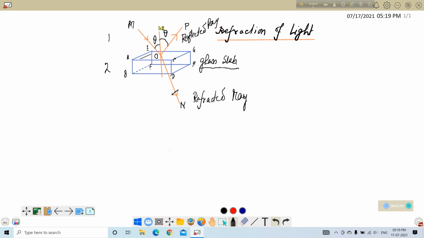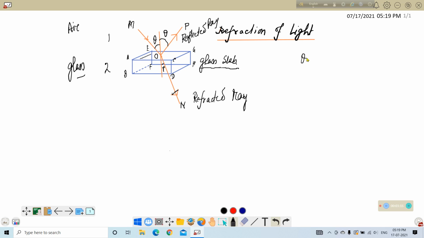In this particular case, if this medium is air and this is glass, then the light ray will bend towards the normal, and this angle is called the angle of refraction, R.